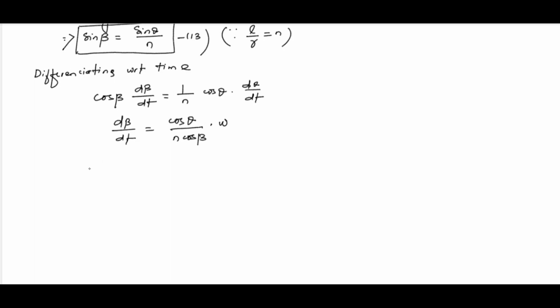Or we can write that omega of the connecting rod, angular velocity of connecting rod, is equal to omega times cos theta divided by n into, now you substitute the value of cos beta here, so you'll have 1 by n root over of n square minus sin square theta.